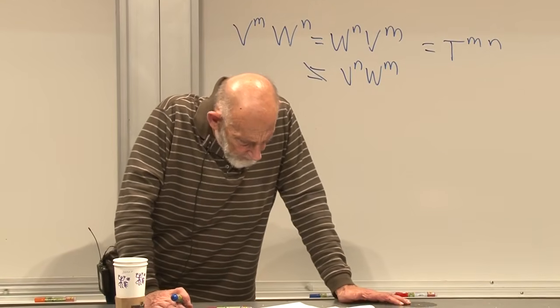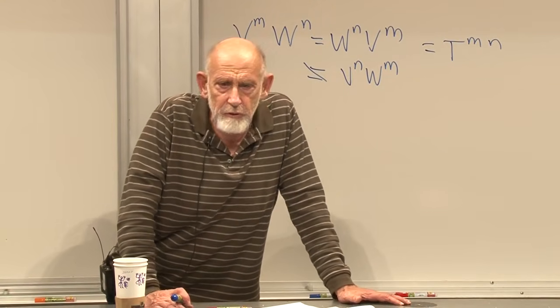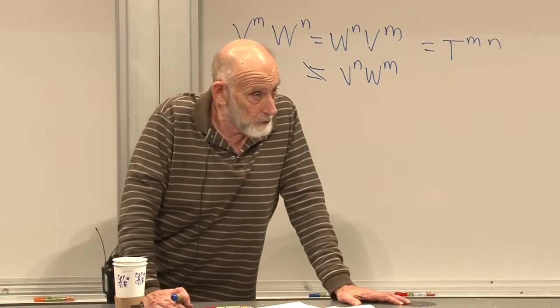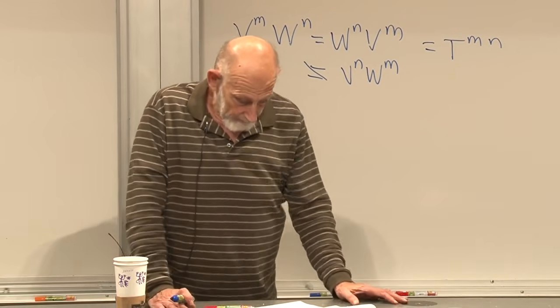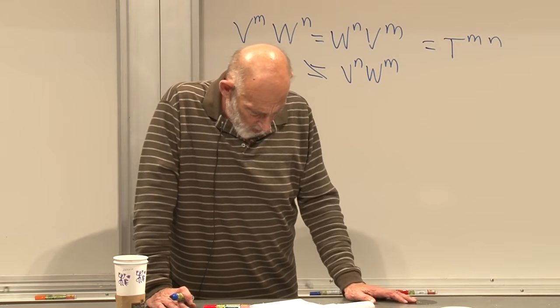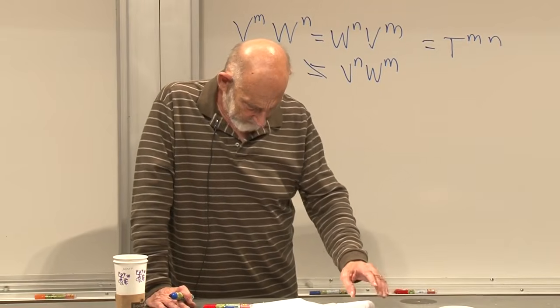There's nothing abnormal about multiplying components of vectors. They are just numbers, and when you multiply two numbers, you can multiply them in any order you like. Same with adding them. Okay, good.